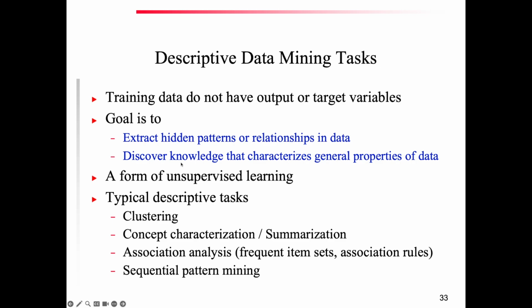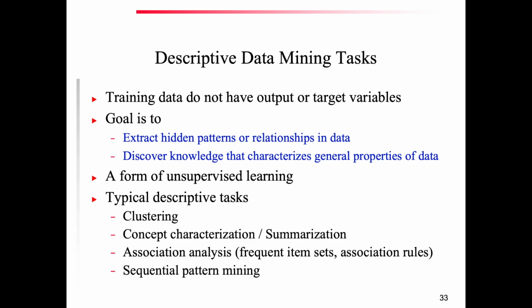So the goal, as I mentioned earlier, is to either extract hidden patterns or the relationships between data, or discover knowledge that characterizes general properties of data. So this is all descriptive. We are not predicting or forecasting anything. We are just describing what are, for example, the relationships between different features of the data, or what kind of patterns we can find. So we are just describing the data.